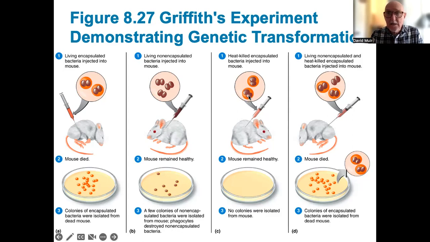At least he could see intact cells. They didn't all remain intact, but he could see intact cells. So he knew there were cells in the culture, but that they were non-functional. And if he injected these into a mouse, the mouse remained healthy. And he could not grow anything on a plate either, because all the cells were dead.